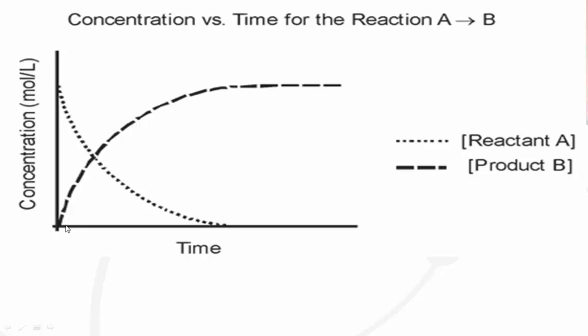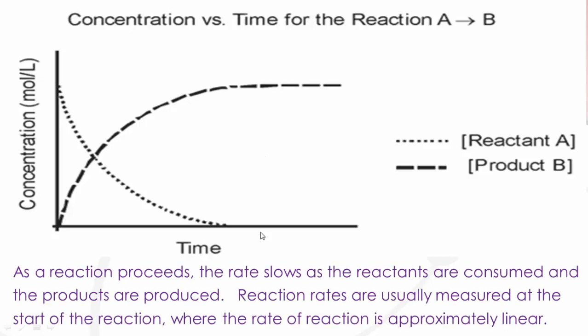Product B, the dashed line, starts at 0 concentration and increases over the course of time. And then eventually they reach a point where the reactions no longer proceed. So this is pretty easy to rationalize. The reaction starts fast when there's lots of reactants and no products, and then slows down.